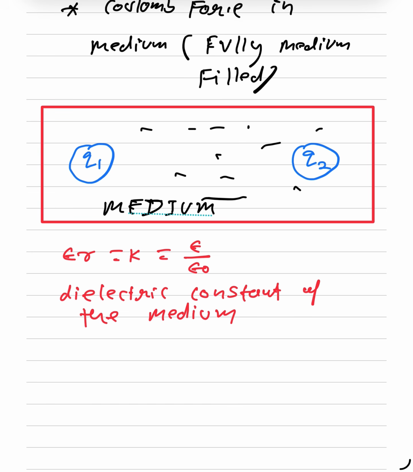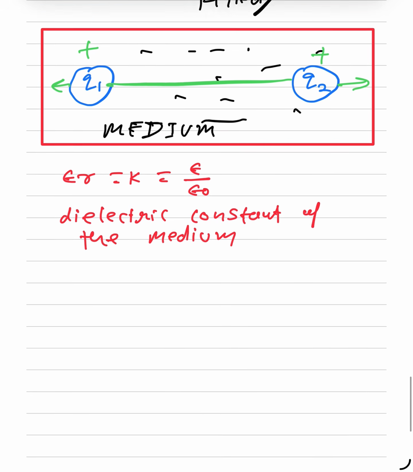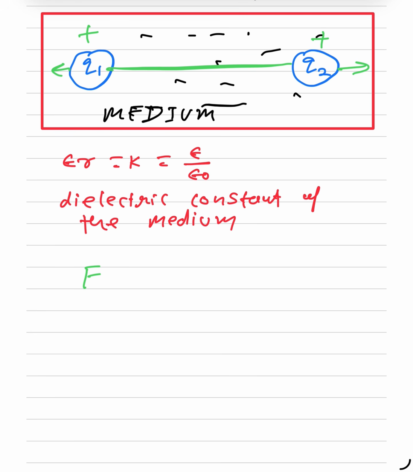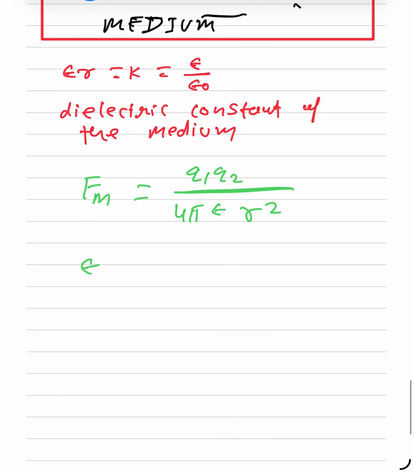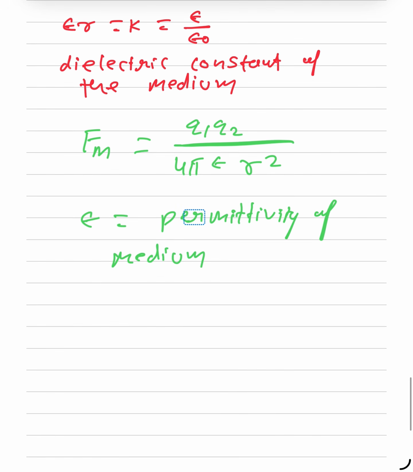In this situation both charges repel each other like this because both are positive. But the value of the Coulomb force in a medium equals Q1 times Q2 divided by 4 pi epsilon r squared, because epsilon is the permittivity of the medium.